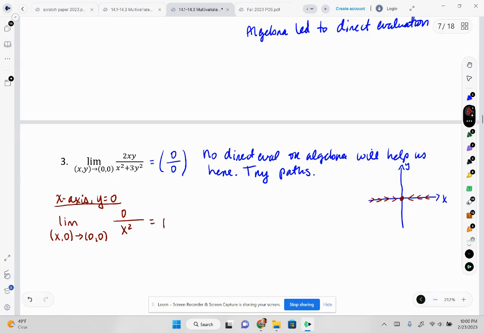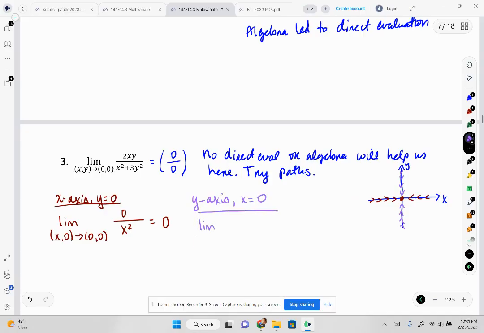And the limit of 0 is 0. So there's really no work to do there. The next path I'm going to try is along the y-axis. So I want to approach the origin along the y-axis, and on the y-axis, x is equal to 0.